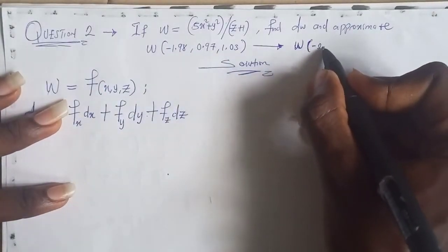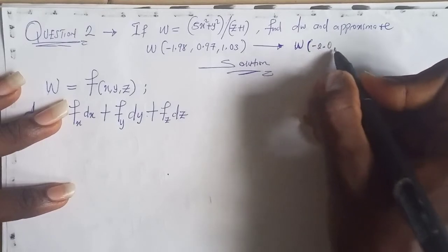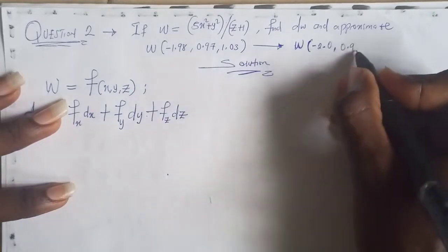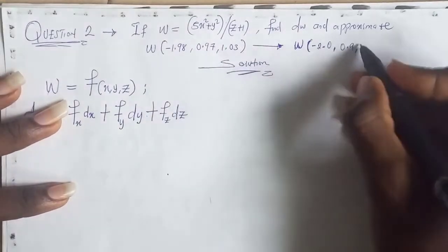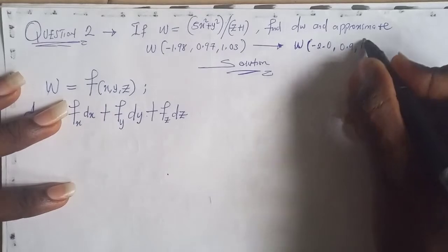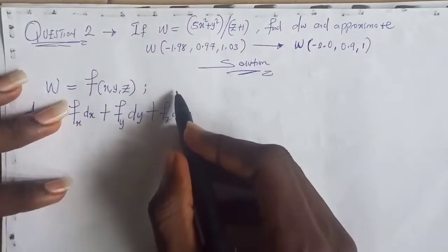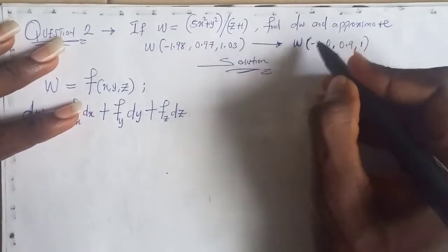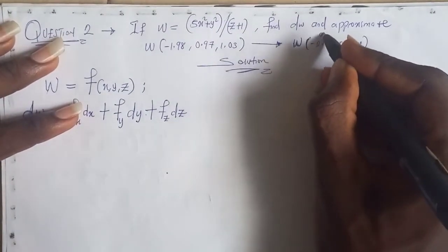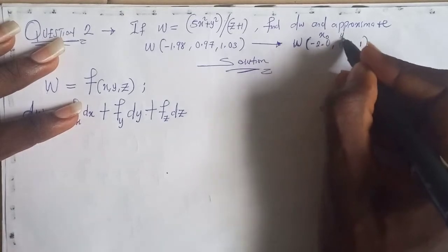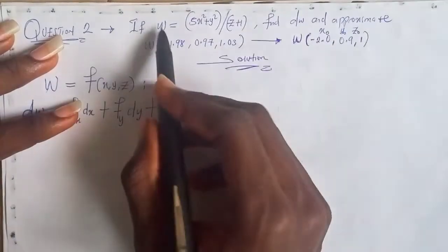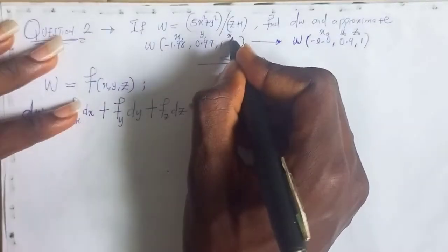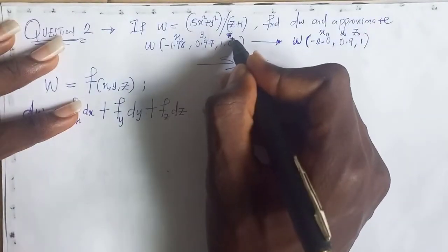At the same time, let's say initially y was 0.9, and for the 1.03, let's say we have it as 1. So we can find an approximate value for this. This is the initial x naught, y naught, and z naught, and this is where it ends, which is x1, y1, and z1.